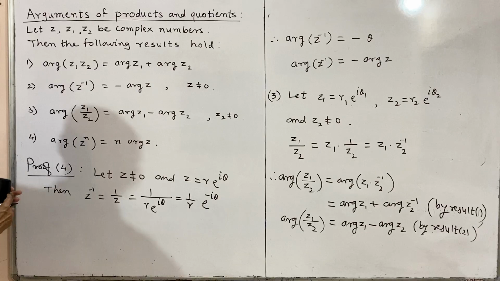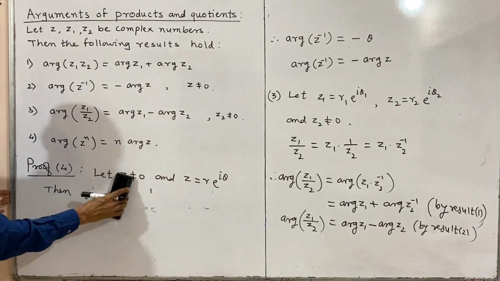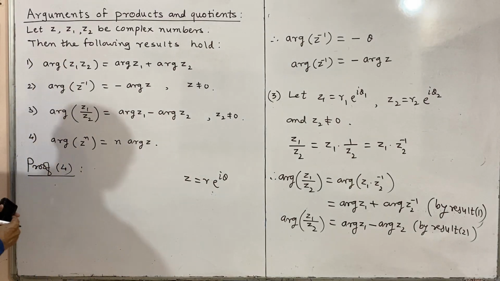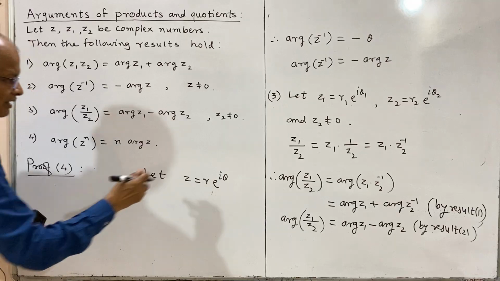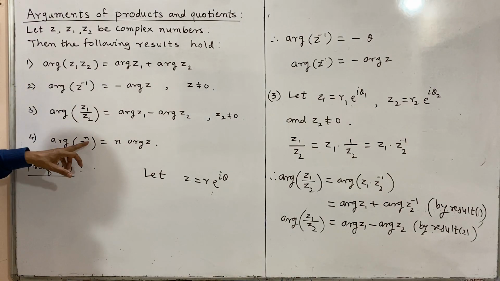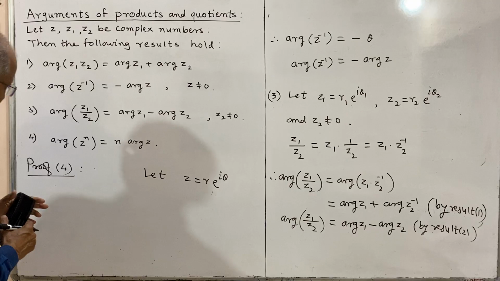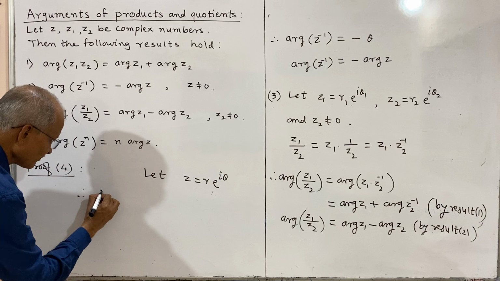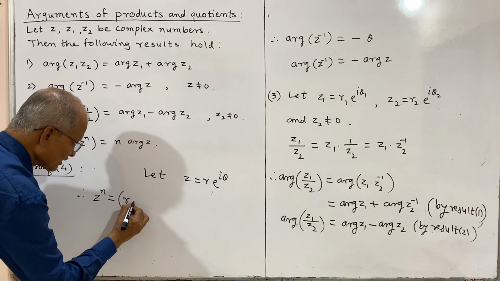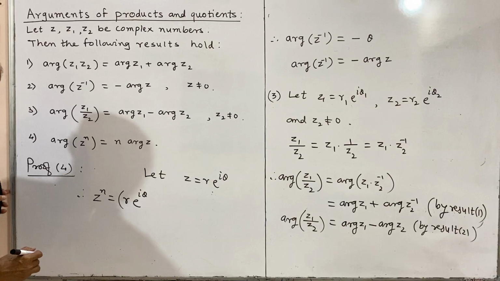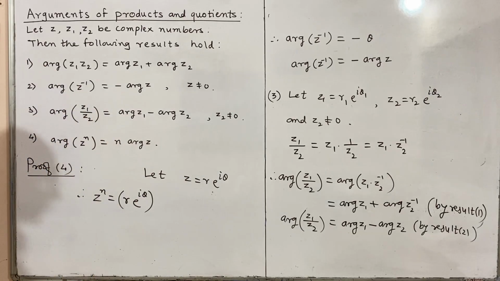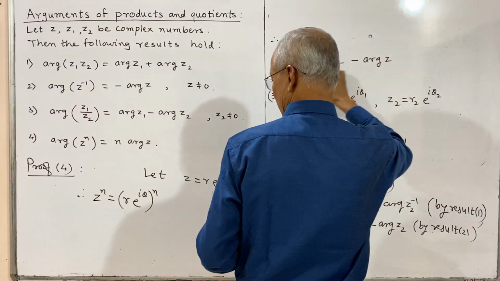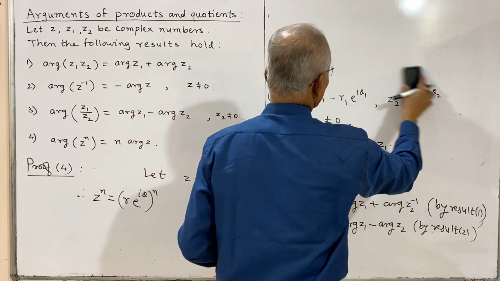Now the proof of the fourth result. Let z be any, let z is equal to r into e power i theta, and n is any integer or any power of z. Therefore z power n is equal to r e power i theta raised to n.